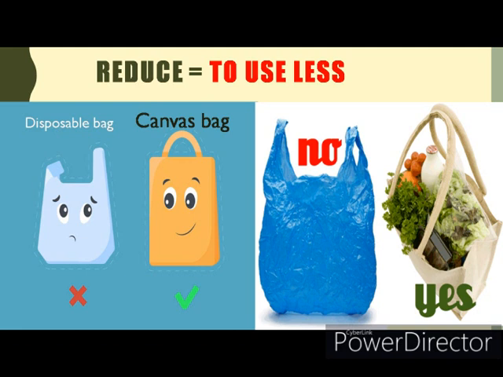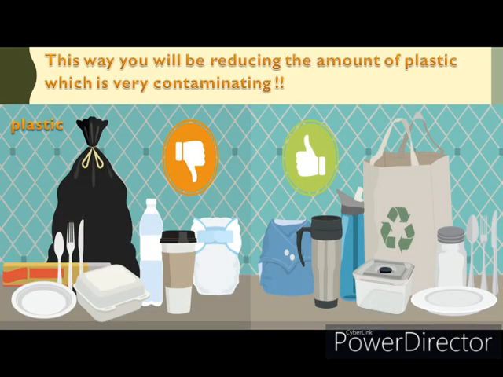When you go, for example, to the mall or the supermarket, I am sure you could take your own canvas bag instead of using the disposable one given to you, right? This way, you will be reducing the amount of plastic, which is very contaminating.